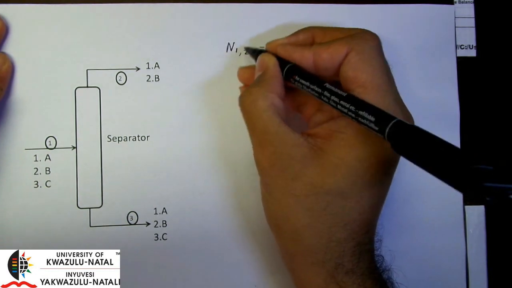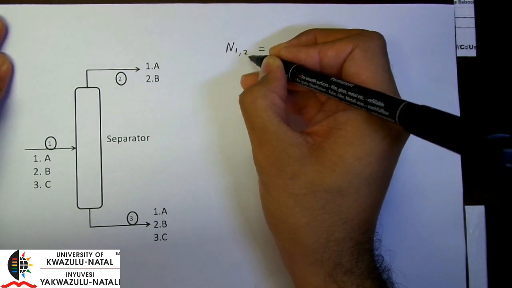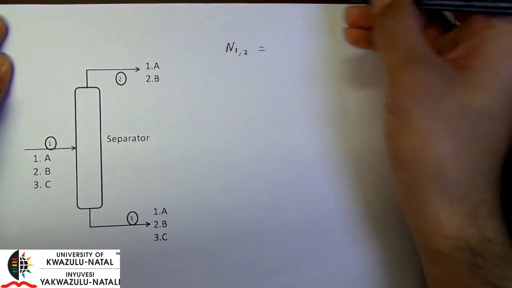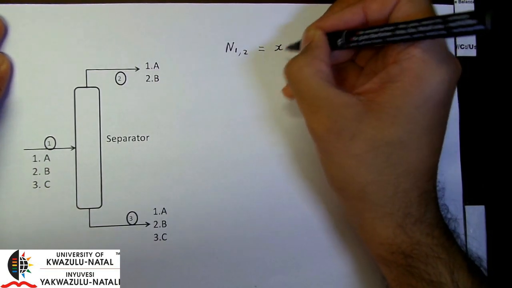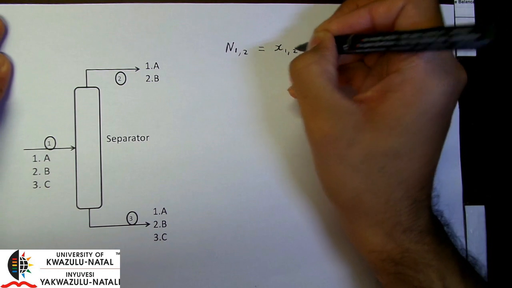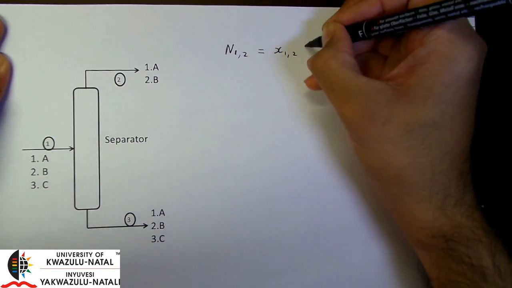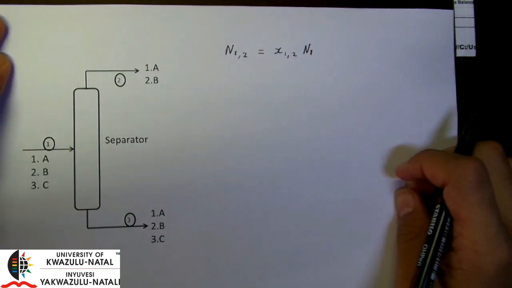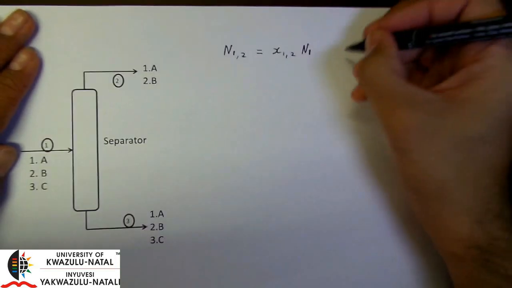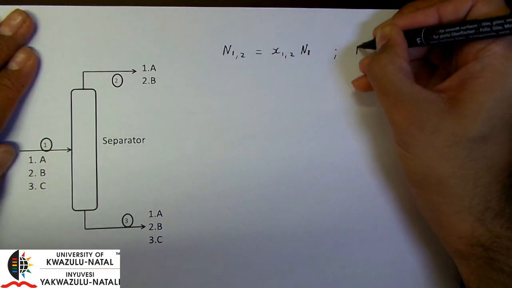So for example, the molar flow rate of component 2 in stream 1 is equal to the mole fraction of component 2 in stream 1 multiplied by the total molar flow rate, N1.